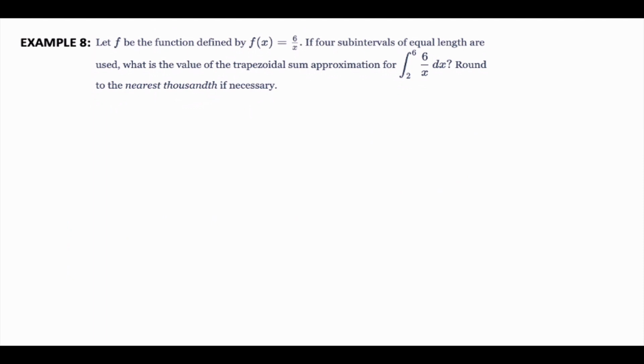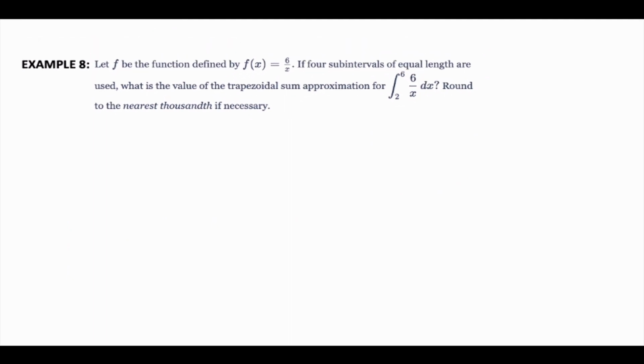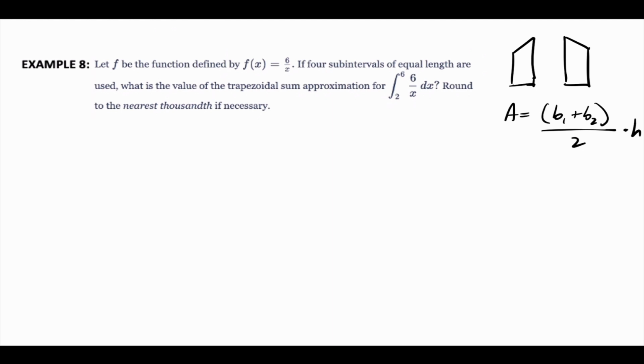The trapezoids need to be equal length. So you're either going to have trapezoids that look like this, or you're going to have trapezoids that look like that. All the trapezoids are going to look like one of those two guys. So it has a width. The area of a trapezoid is base 1 plus base 2, divided by 2, times the height.